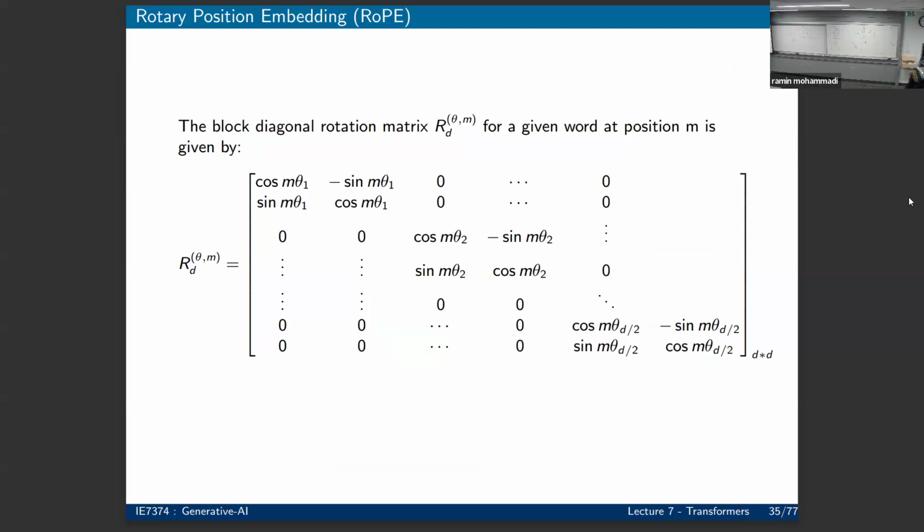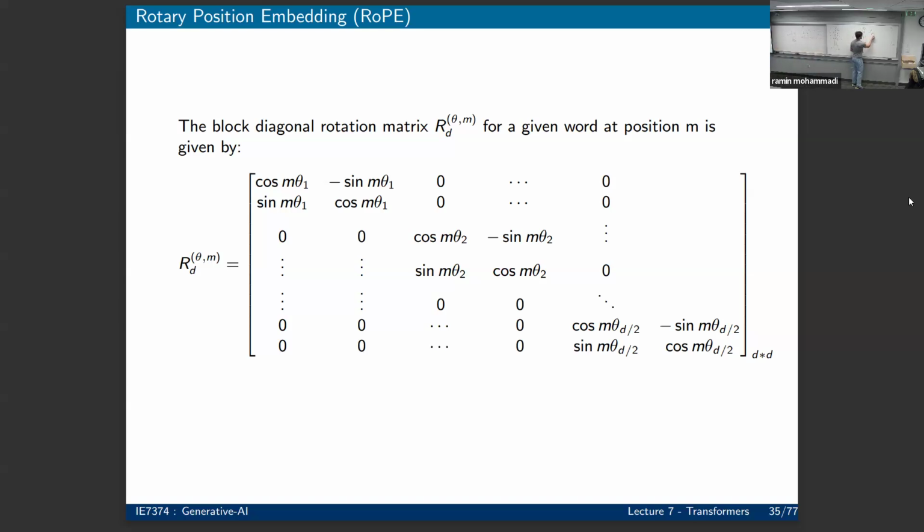So we can create an R theta matrix here. As you see, R theta for position m. m is the position of the word in the sentence, and d is the length of the embedding. So this becomes R of m, theta, and d.